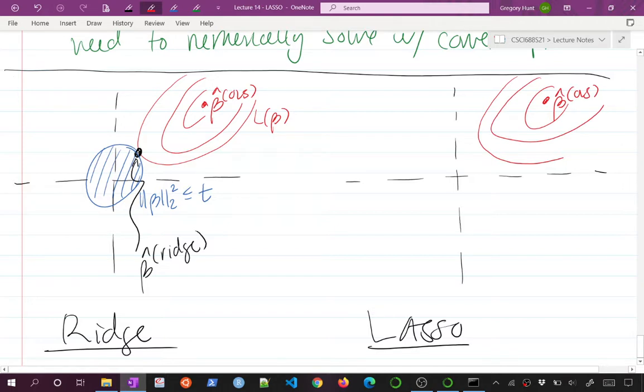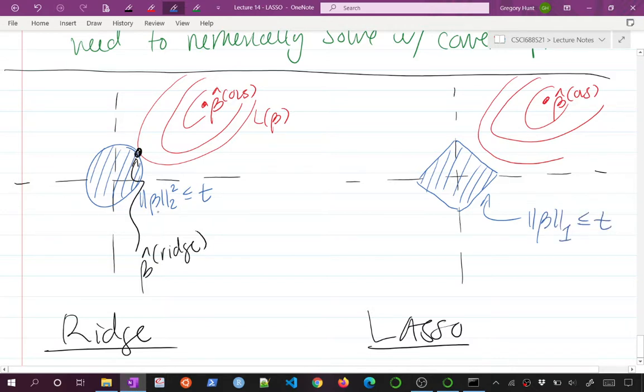And now my penalty, or my constraint, is the 1 norm. So it gives me this, in 2 dimensions, a rhombus, in higher dimensions called a rhomboid. This is my constraint that the 1 norm of beta is less than or equal to some threshold.